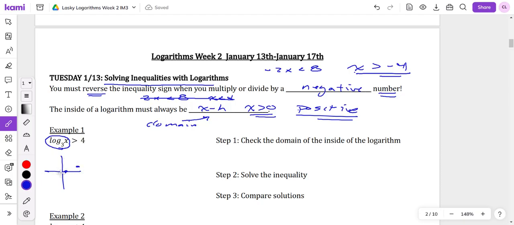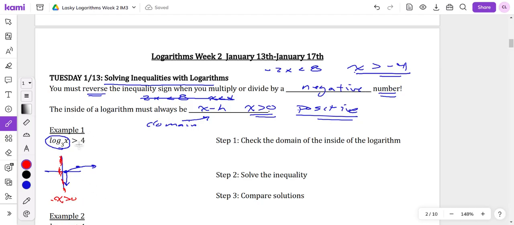From its domain, it can't go past this red line I'm drawing at 0. So all the x values have to be greater than 0.